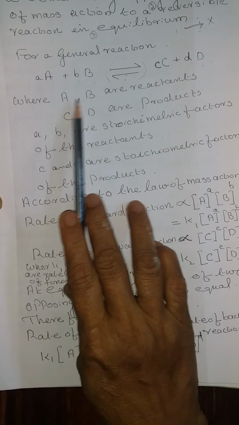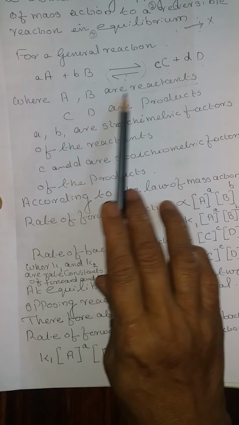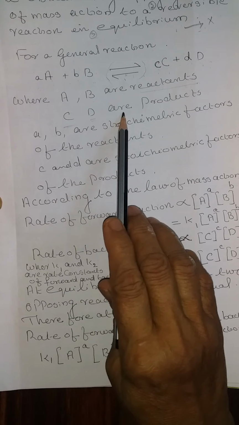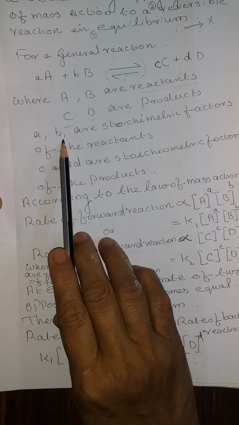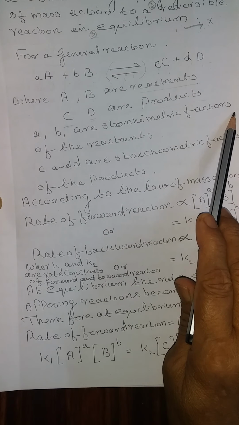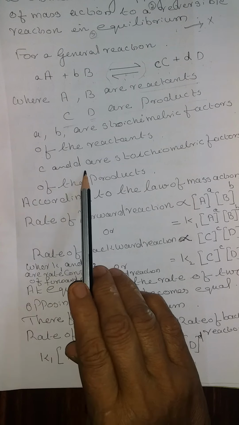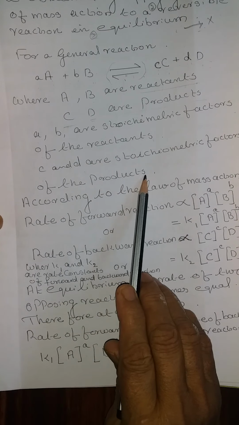Capital A, capital B are the reactants. Capital C, capital D are the products. Small a, small b are the stoichiometric factors of the reactants. Small c, small d are the stoichiometric factors of the products.